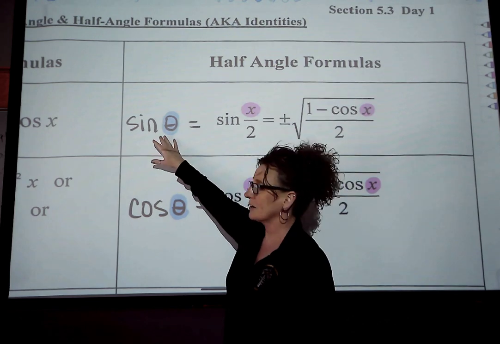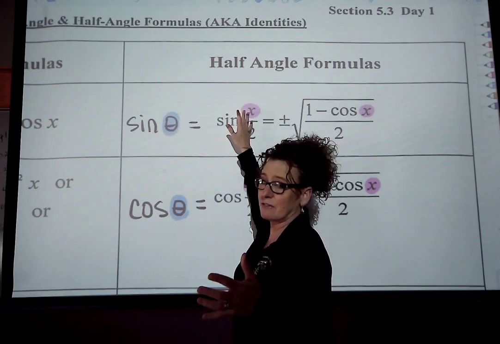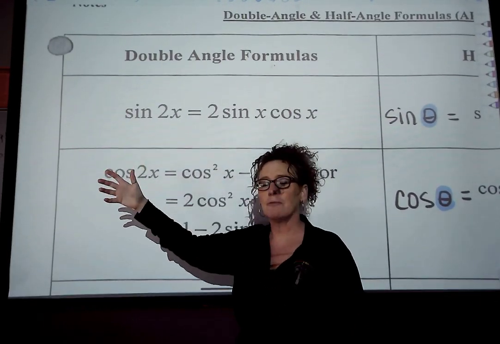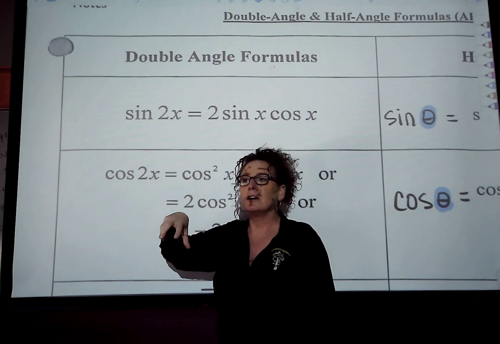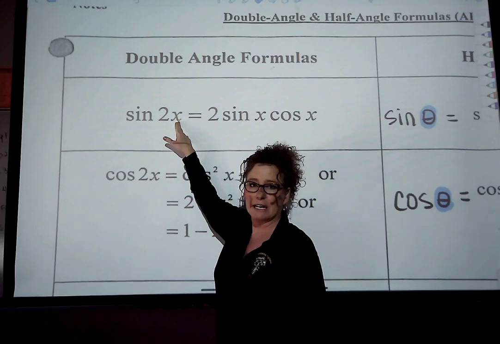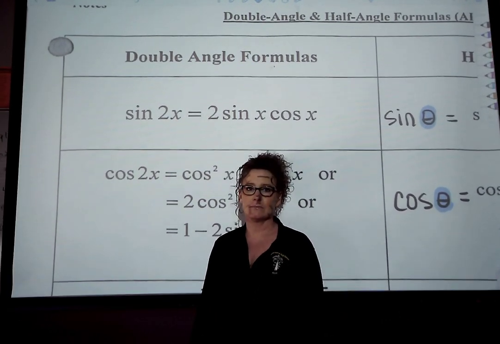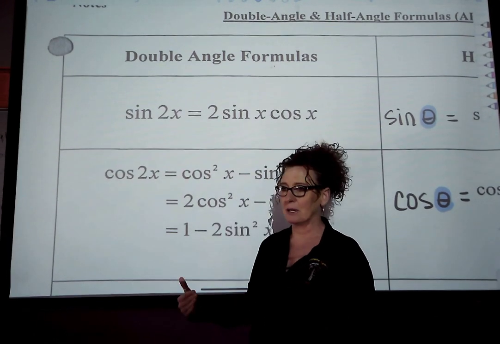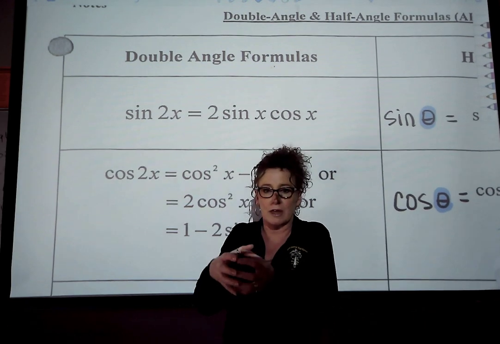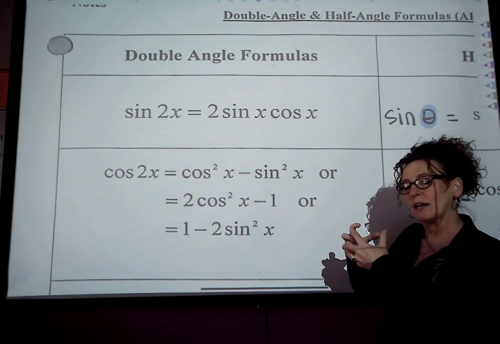This is helpful to find sine, cosine, and tangent of an angle that's not a common angle because it's half of a common angle. This isn't helpful because anytime we double a common angle, we get another common angle. So yes, we're going to use these formulas, but we're not always going to have an actual angle measure to work with. Whereas here, we often will have an actual angle measure to work with.